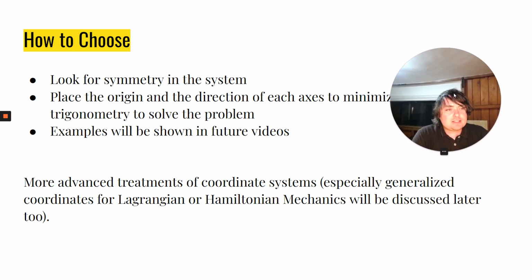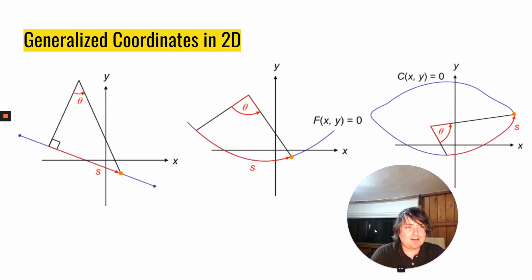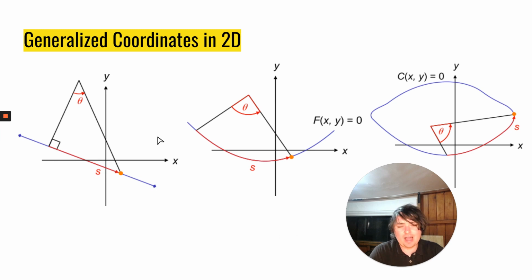Alright, and so then more advanced treatments of coordinate systems, which I was kind of trying to motivate using generalized coordinates Q1 through Q3, are very important for things like Lagrangian or Hamiltonian mechanics, which we'll be discussing later. But just for like a quick teaser of generalized coordinates. So if you have fixed vertical and horizontal axes, x and y, when could things like generalized coordinates be helpful?